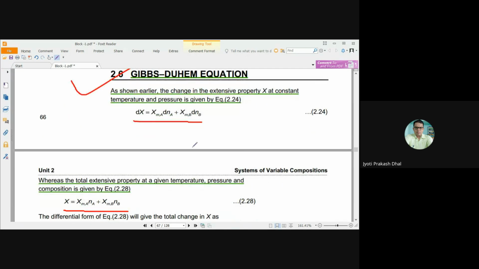In order to derive this equation, you have to consider equation 24. Equation 24 is dX equals X m a dn a plus X m b dn b.